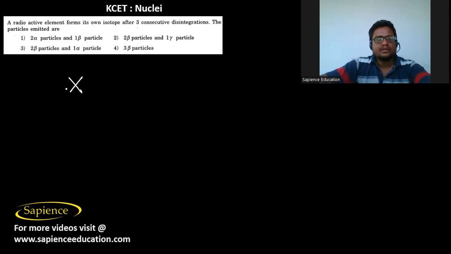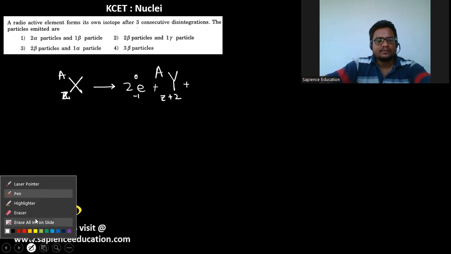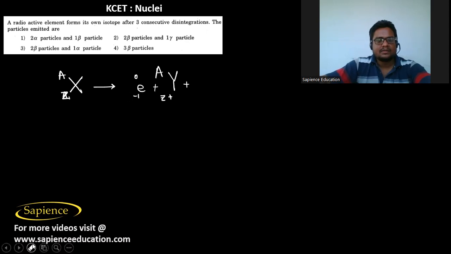So it means that a radioactive nucleus X(Z, A) goes into, suppose the particles emitted are 2 beta particles, so it means that 2 e^0_-1 plus it will form some Y(Z+2, A), plus it will give out, okay, 2 consecutive disintegrations, it will give, let's say, a neutrino, antineutrino.